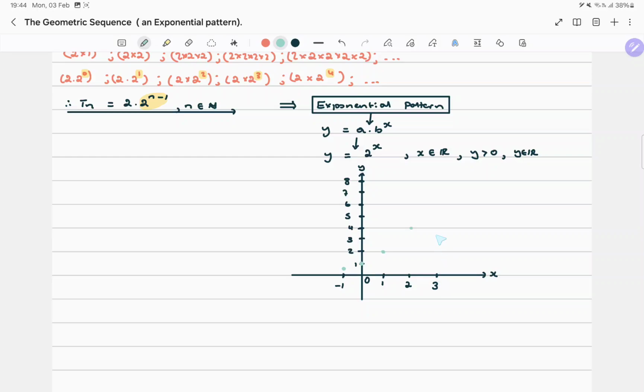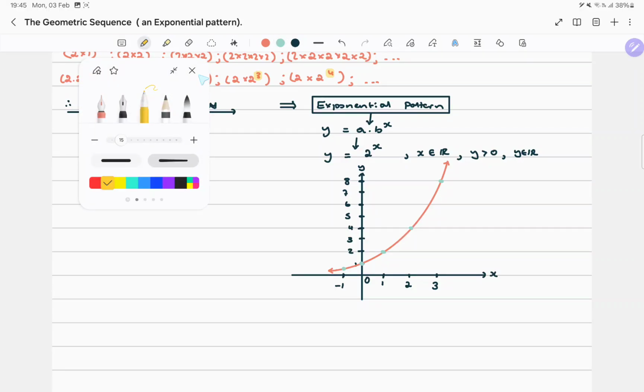We plug 3, we get 8. Okay, we can appreciate that this is an exponential equation that goes through like so. Now, we see that an exponential equation looks like this indeed.